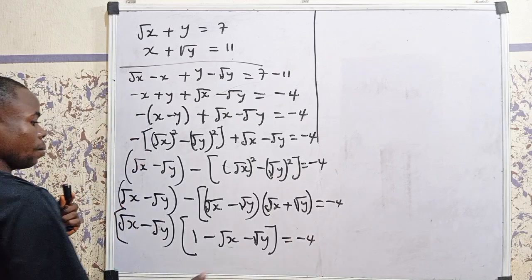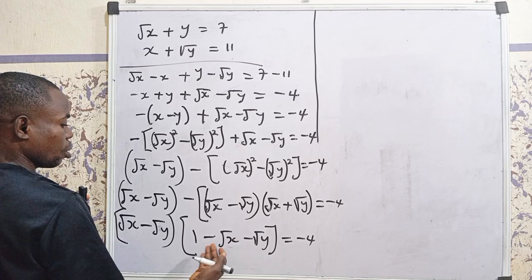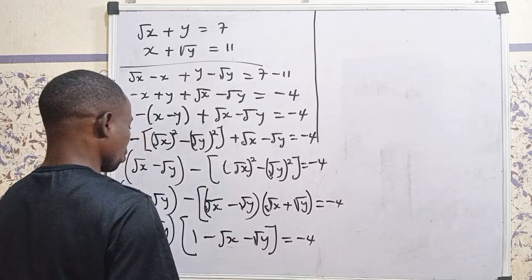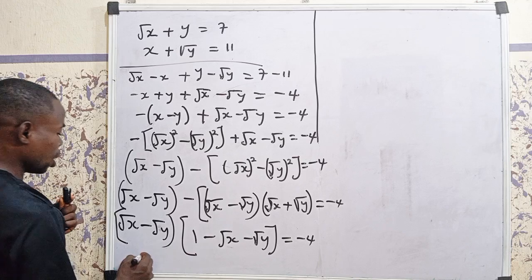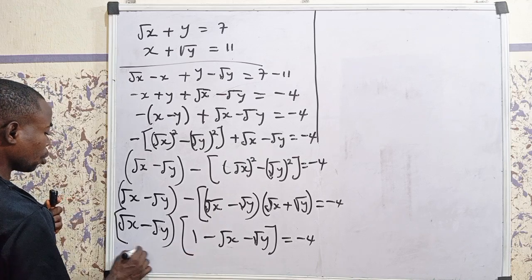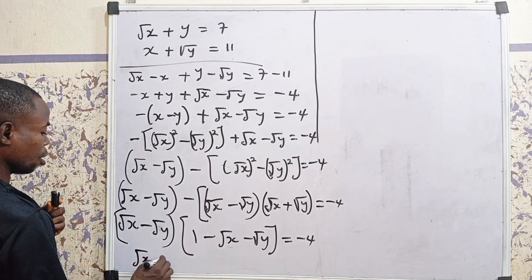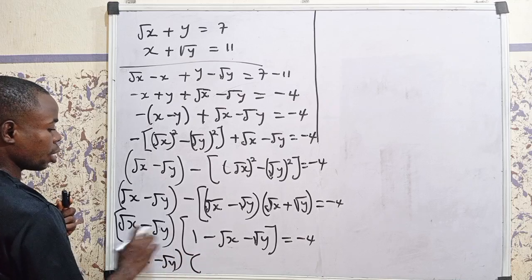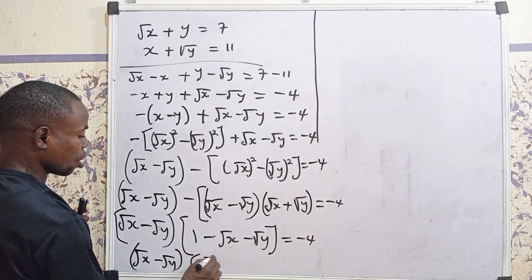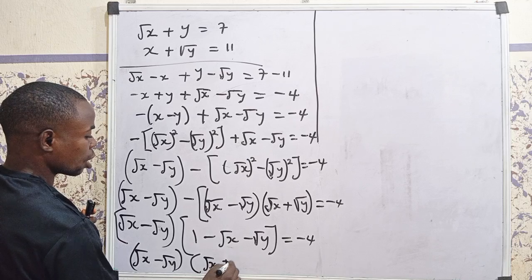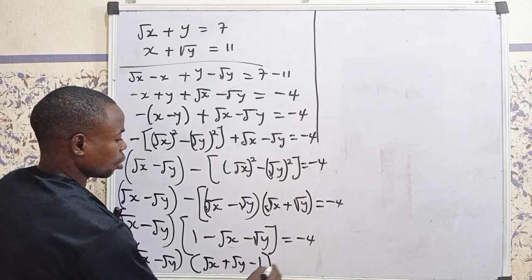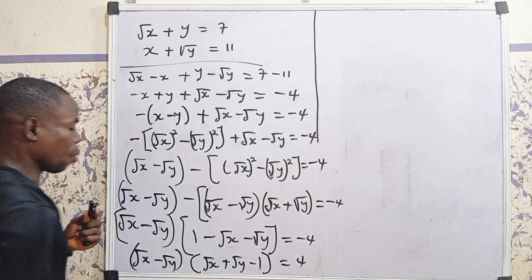So what I'm going to do is just to multiply through by minus, so that this 4 will change to positive. So if I do that, I'm going to be having root x minus root y. Okay, so the minus on this side is actually going to affect this side. So I'm going to be having root x plus root y minus 1 is equal to 4.